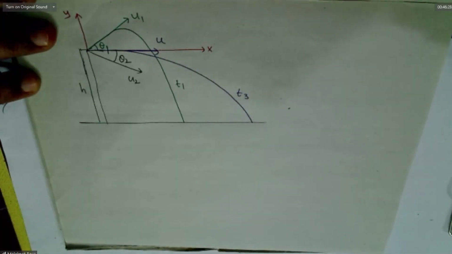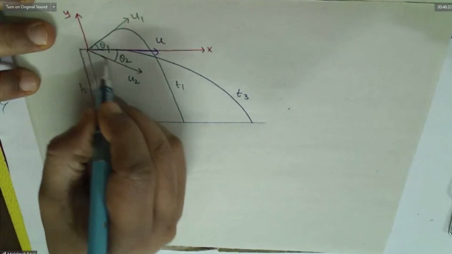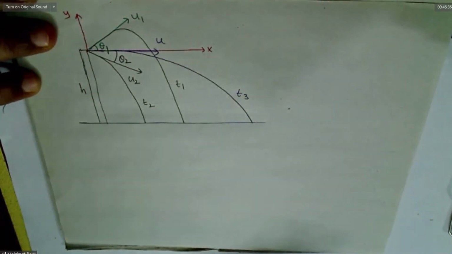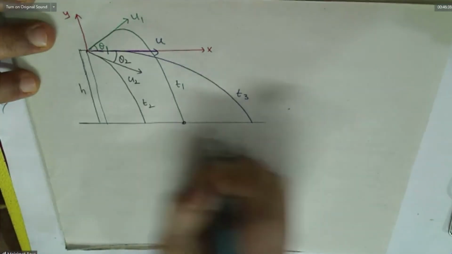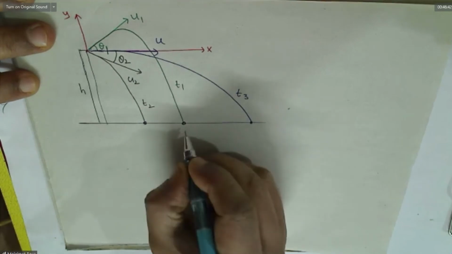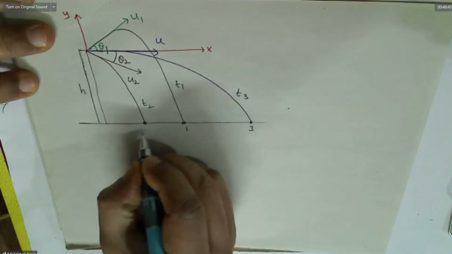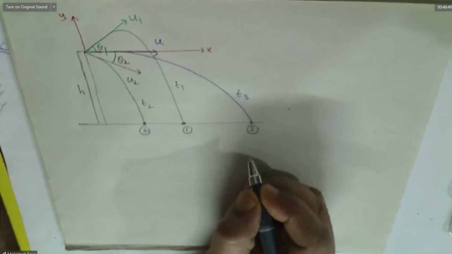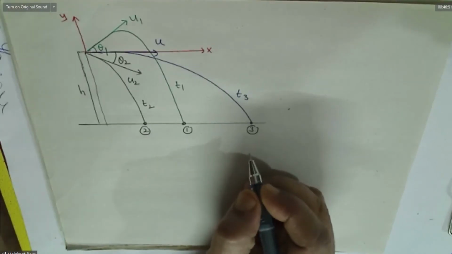And the time of flight for this will be t2. Understood this? That means they reach these points. Clear or not? Clear.